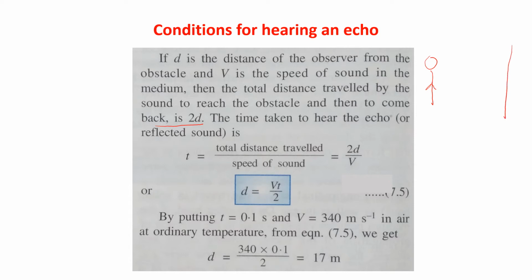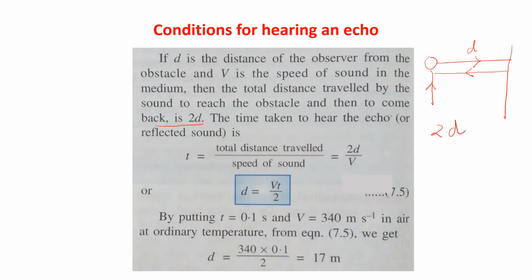The sound produced travels this distance, suppose d, and again to get an echo it has to cover this distance again. So to get an echo, the sound crosses a distance of 2d.